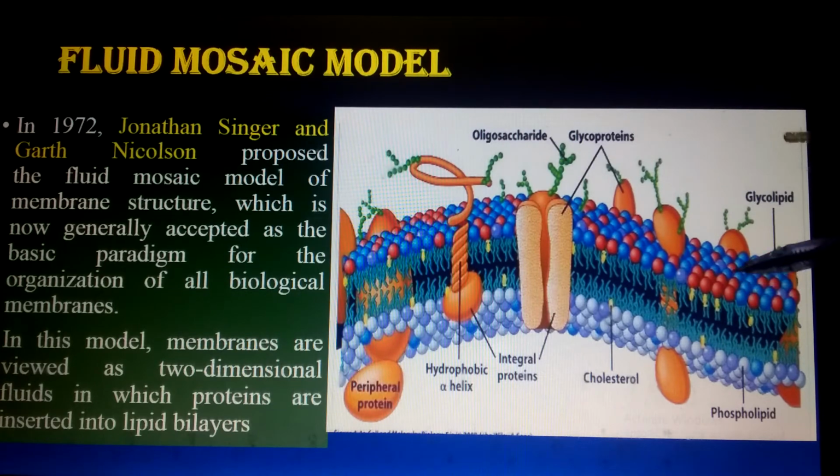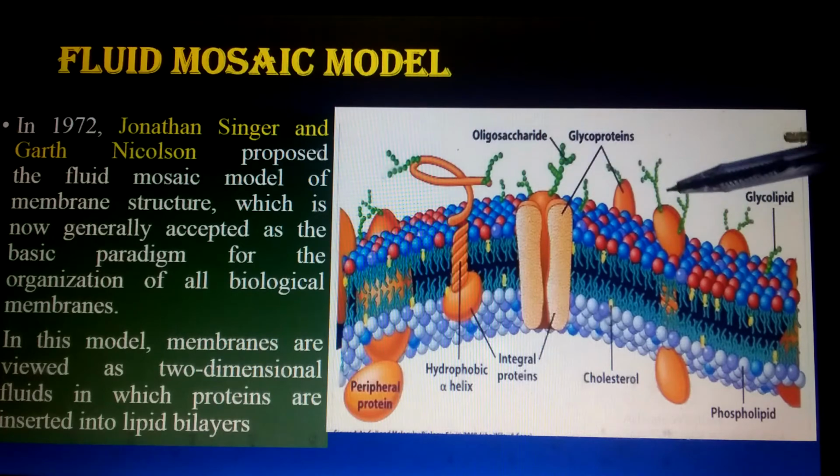So the fluidity is because of these lipids. You can see this is the lipid bilayer. The fluidity is because of this. And the mosaic is a pattern in which the proteins are scattered outside, inside, and also embedded in the cell membrane. Now the concept is clear about the fluid mosaic model.